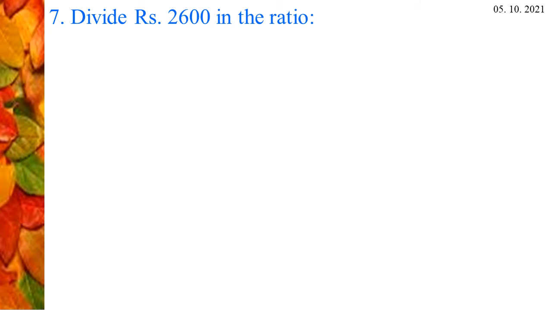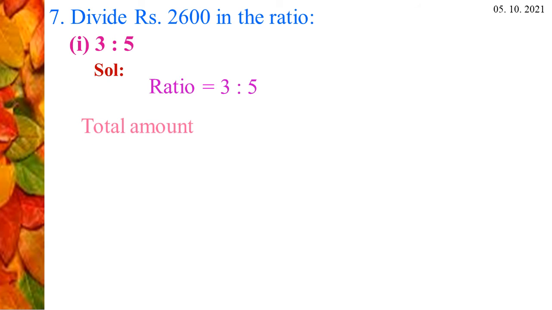7. Divide rupees 2600 in the ratio. First question 3 is to 5. The ratio is 3 is to 5. Here given rupees 2600. Divide the amount in the ratio 3 is to 5. Let us find the solution. Ratio is equal to 3 is to 5.